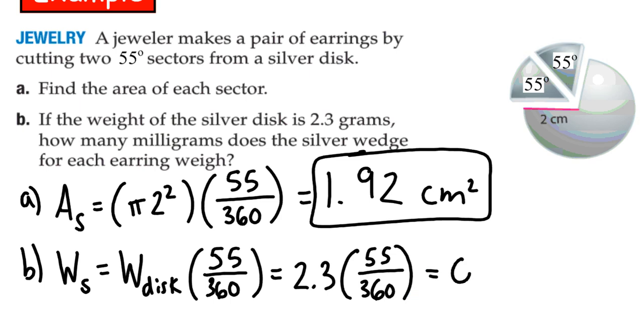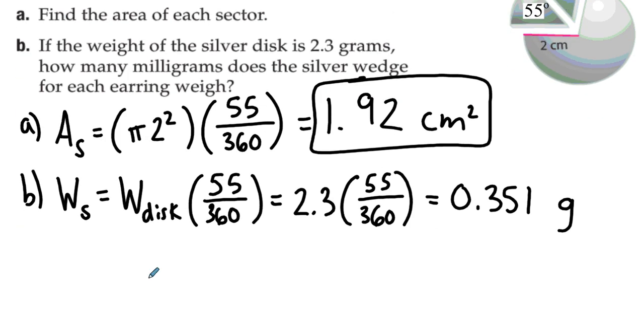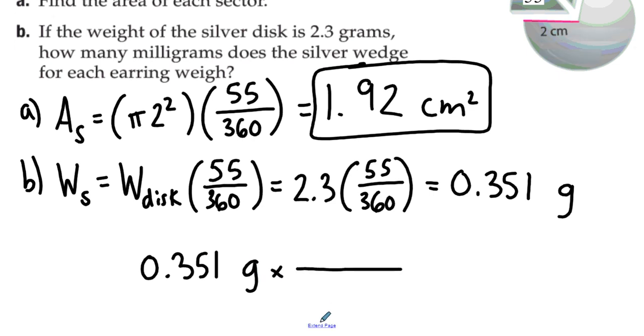So 2.3 times 55 divided by 360 is 0.351 grams, but it asked me in milligrams. So I need to convert 0.351 grams times 1,000 milligrams per gram. Milli is the prefix for 1,000, so grams will cancel.